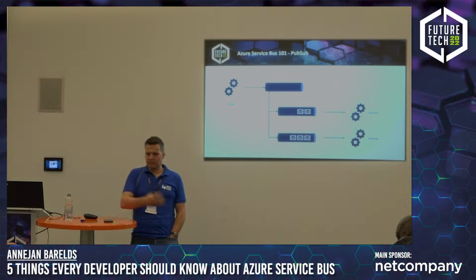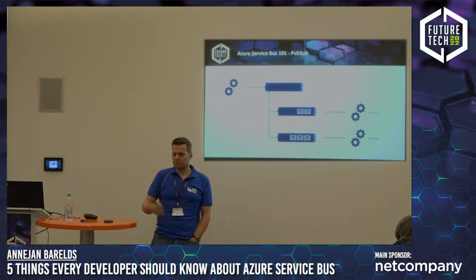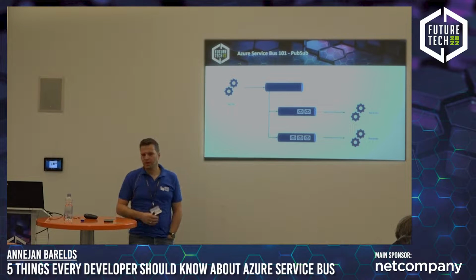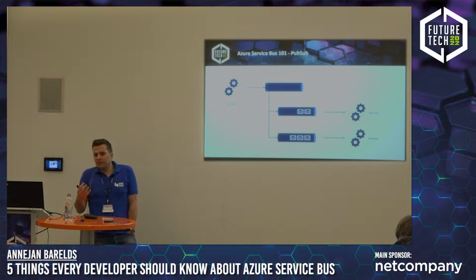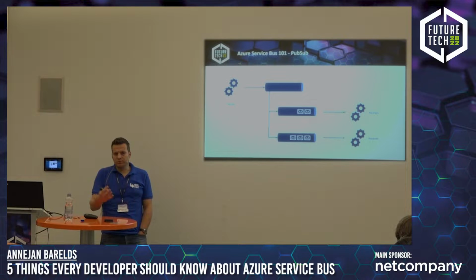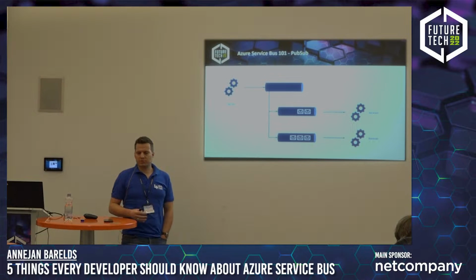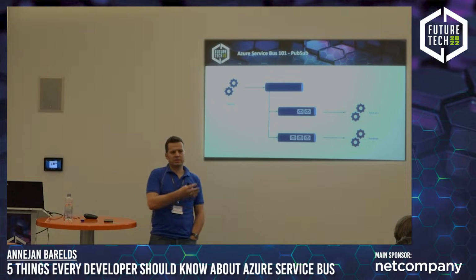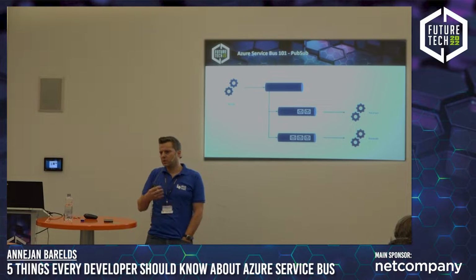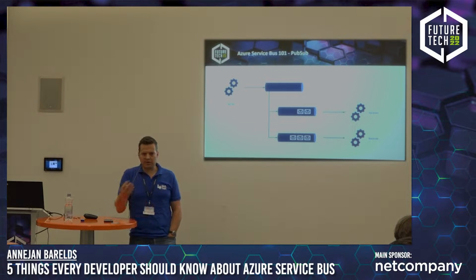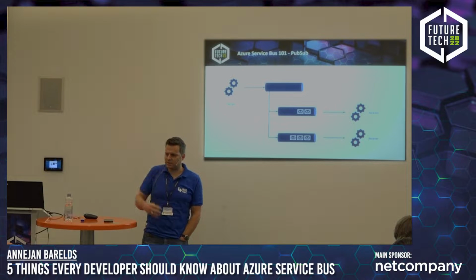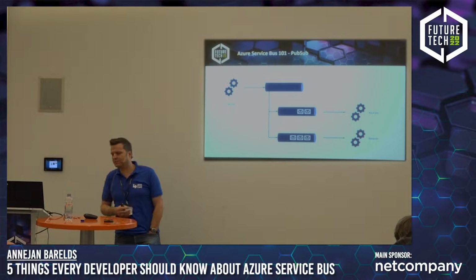For the sender, it doesn't really matter if it's publishing to a queue or to a topic. For the receiver, the same applies basically to queues and subscriptions. So for a receiver to listen on a queue or to listen on a subscription is, in a programming sense of the word, and also in the features that you have in interacting with Azure Service Bus, basically the same thing.